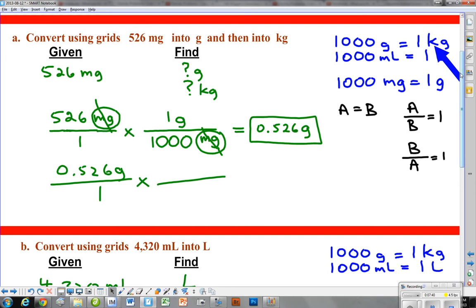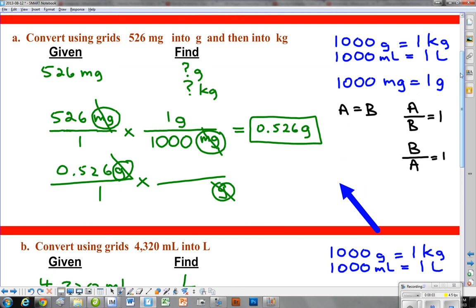So, like I did before, I have to take this and put it on the bottom of the second fraction. So I take grams down here, grams up here, and I cancel. Now I have to look up at the equality that I'm using and see what the number is that's next to grams. That's 1,000.